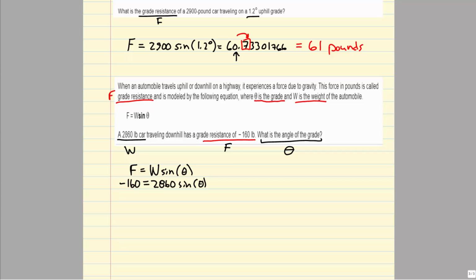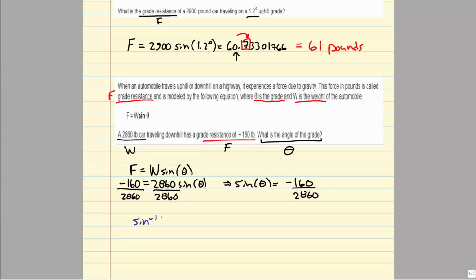We don't know what theta is. Theta is what we're trying to find. So what I want to do with this equation is solve for sine theta. I want to isolate sine theta. So if I do that, I end up with sine theta equals negative 160 over 2860. Now I could reduce this fraction if I wanted, but I'm just going to leave it as is.